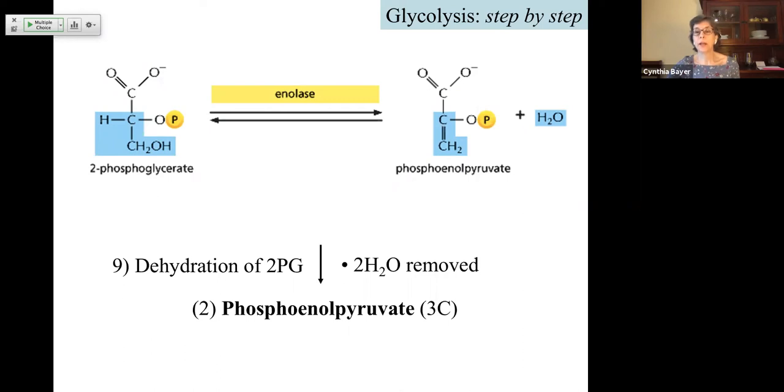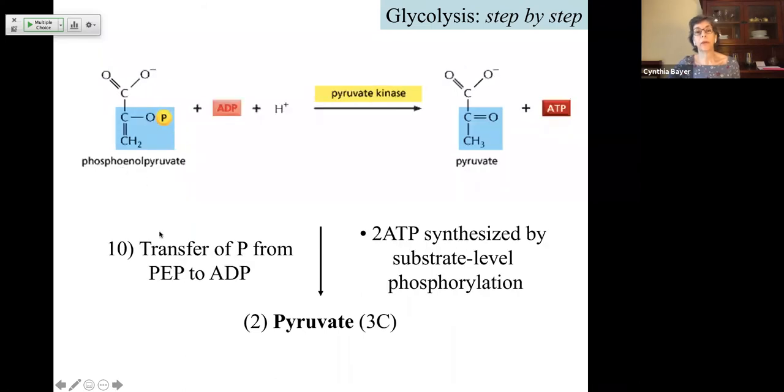This high energy molecule will be our last substrate for our last enzyme, step 10, where phosphoenol pyruvate, sometimes called PEP, will transfer its phosphate to ADP. Pyruvate kinase will catalyze that reaction, transferring a phosphate.